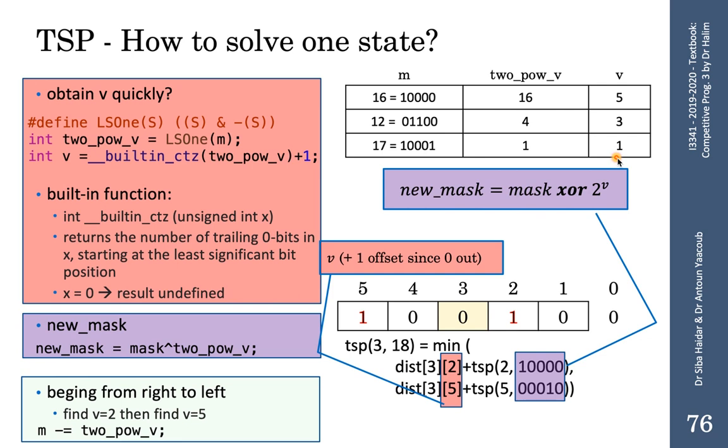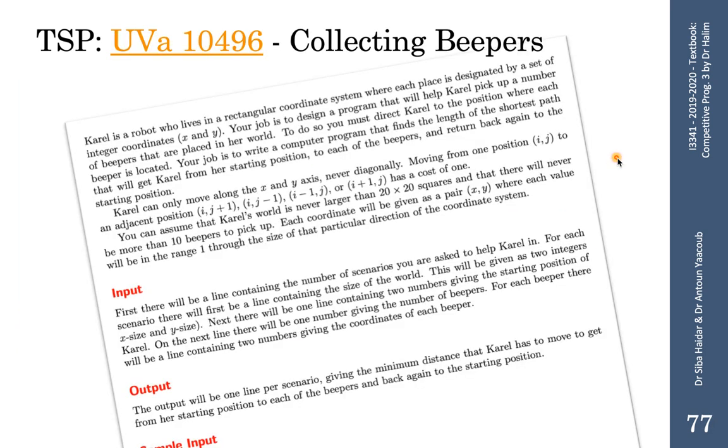This was the explanation, and let us see an example. So as an application of the traveling salesman problem, UVA 10496, which is called Collecting Beepers, we have a robot that has to collect the beepers, and so it must go and do it at the least cost.